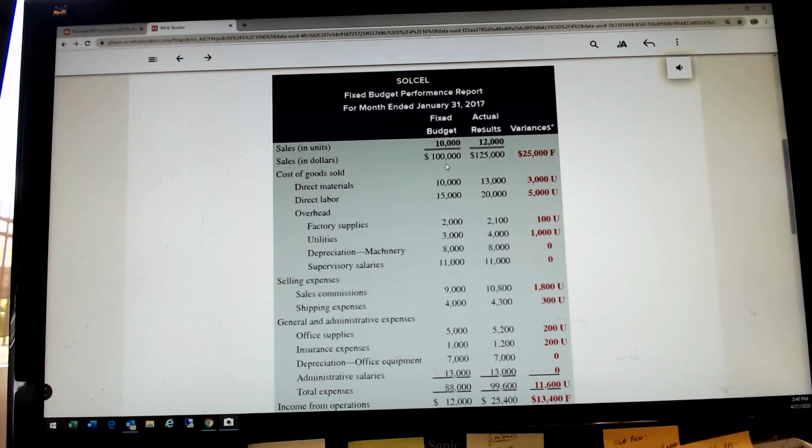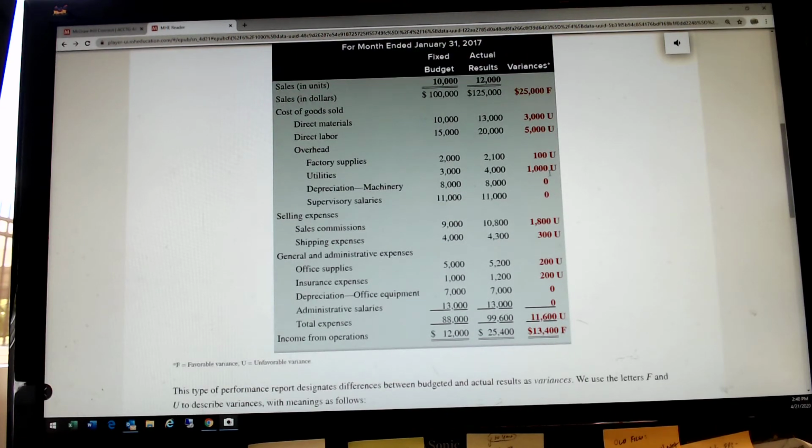My budget's only $100,000, so I am $25,000 over budget on my sales, and that's favorable. Direct material costs were $13,000. Budget was $10,000. I'm $3,000 over budget, which is unfavorable. Direct labor actual came in at $20,000. The budget was $15,000. That's $5,000 over budget, unfavorable. And we are over budget on all of these costs with the exception of depreciation.